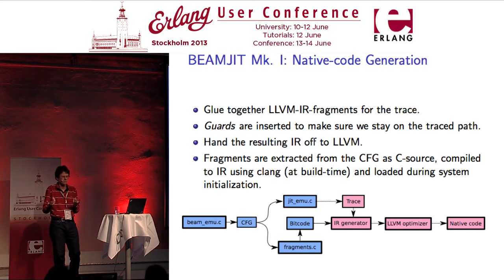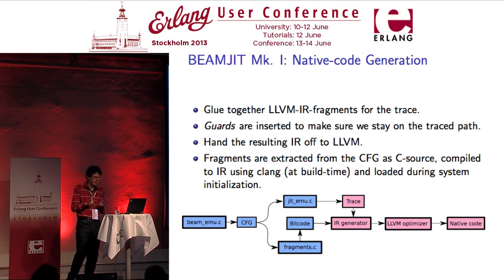Because if we execute code that will lead to a different execution trace, we have to detect that. And when we have done this, we hand off our IR trace to LLVM for optimization and native code generation.